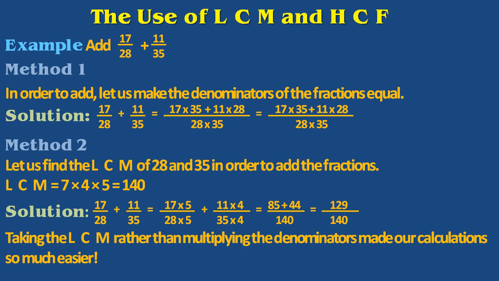Then you can see that 85 plus 44 upon 140 is equal to 129 upon 140. Now in method 2, I have given you the answer as 129 upon 140. You will calculate the same sum using method 1 and check that your answer is what is given in method 2. I hope you have understood.